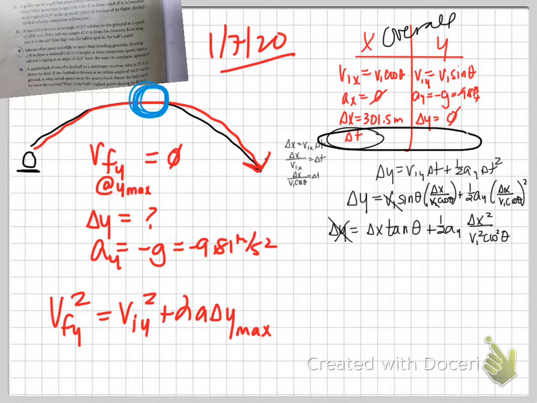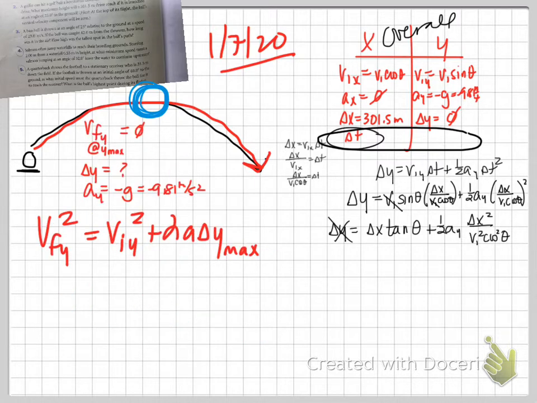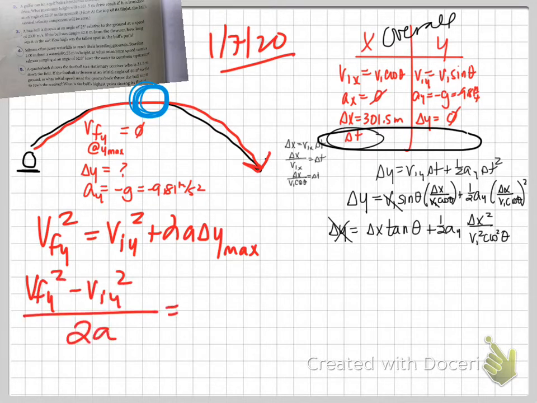Is it all over yet? Oh, crap. Well, let's do a couple of things here. So we want to solve for delta y max. So that would be VFy squared minus VIy squared over 2a equals delta y max.